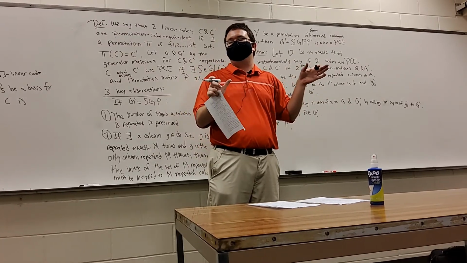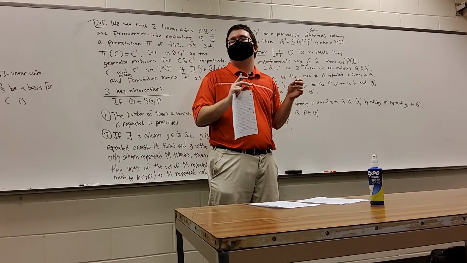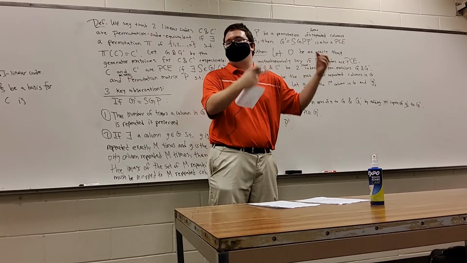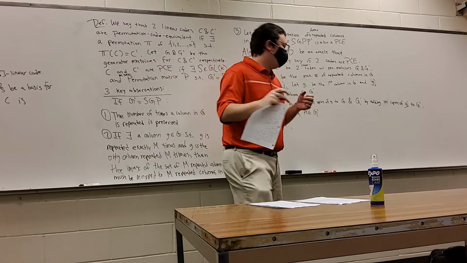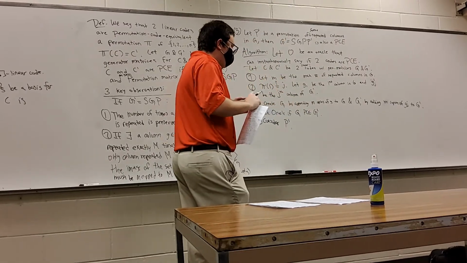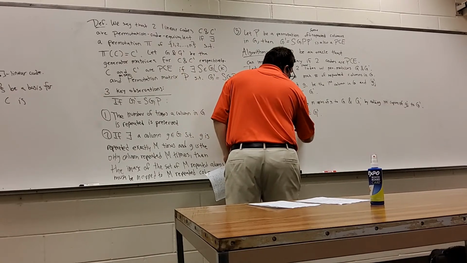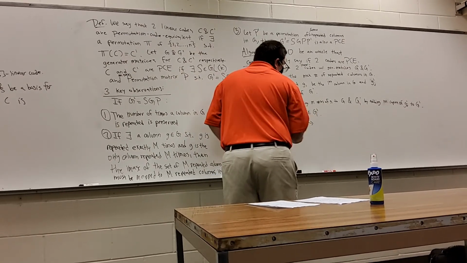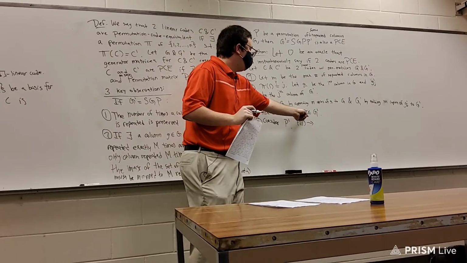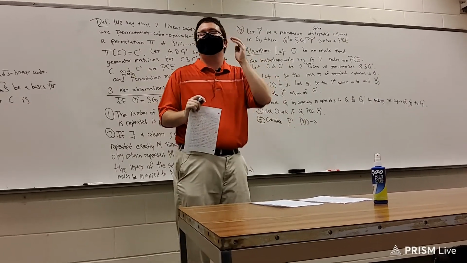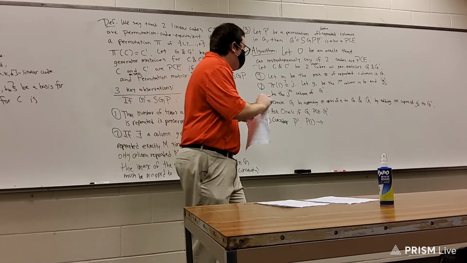They both have the same size, so there is a bijection between them, which means there's a permutation between them. And I'm going to select this permutation such that P of 1 from the original code equivalence gets mapped to J.